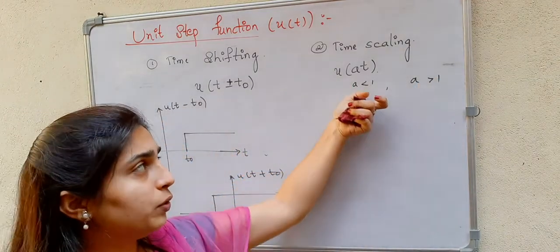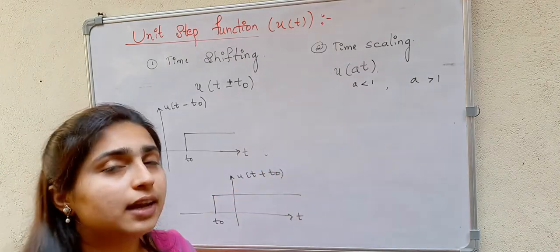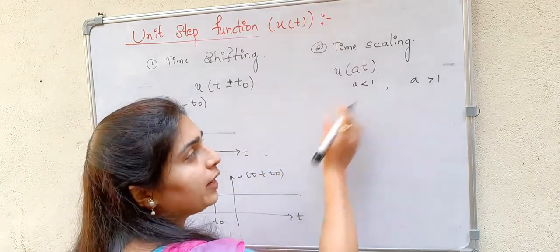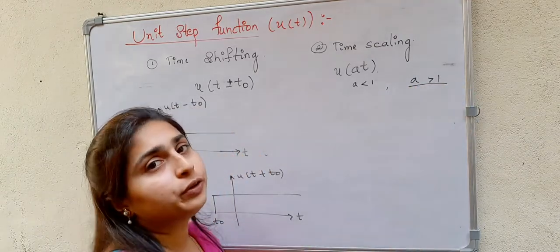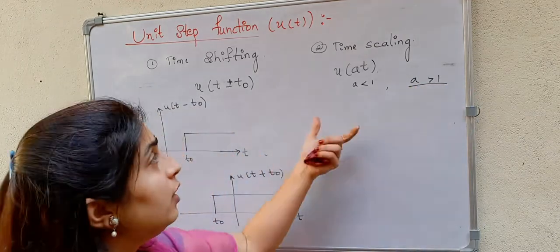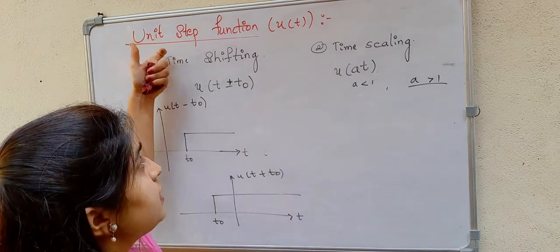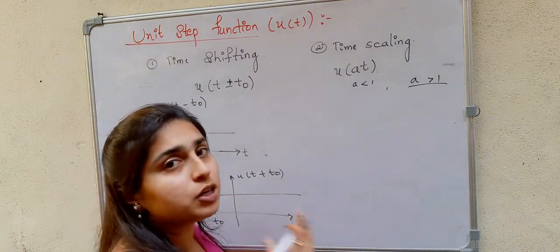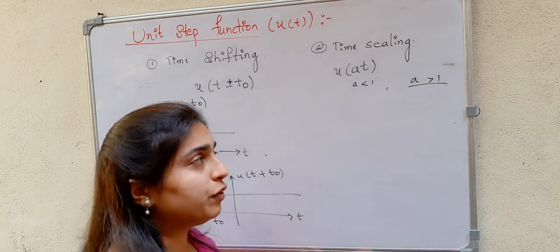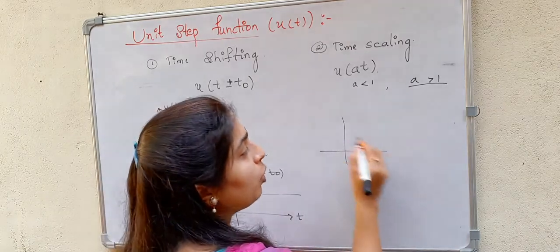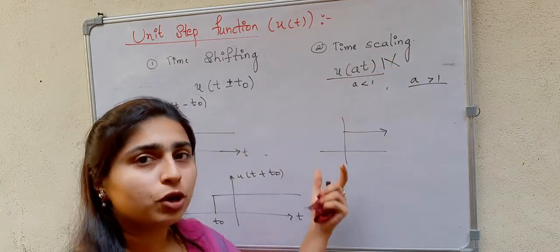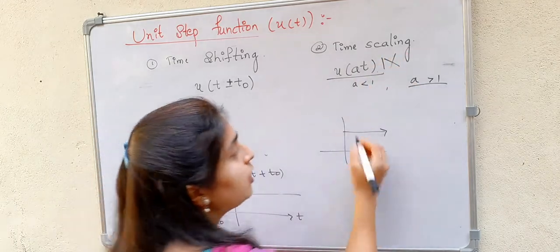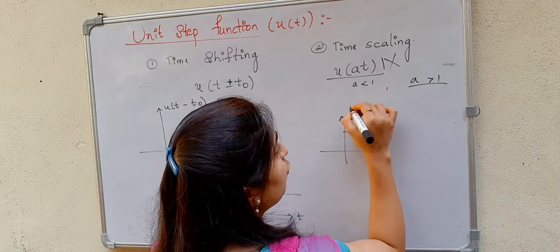Actually, I told you that if a is less than 1, we are going to get the expanded signal, and when a is greater than 1, we are going to get the compressed signal. But in the case of the unit step function, if no shifting operation is performed on u of t, then this time scaling is of no use, because we are going to get u of t itself. So for example, I will consider u of 2t.